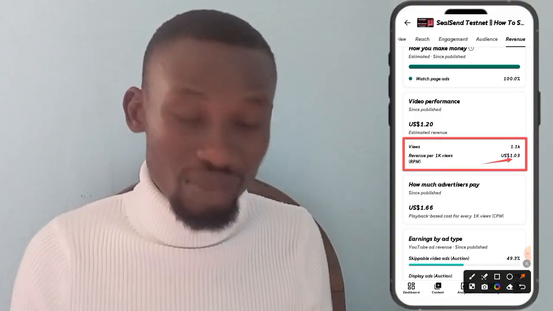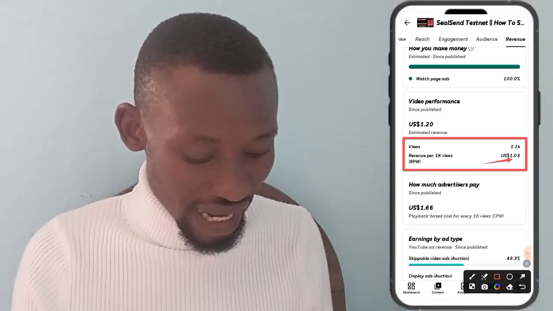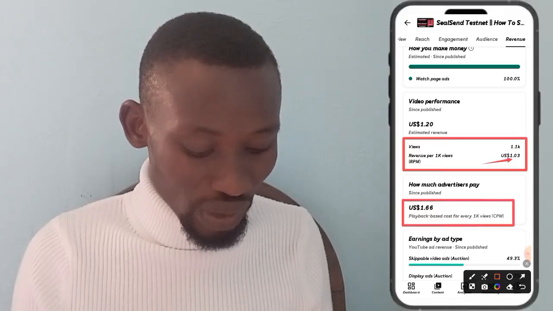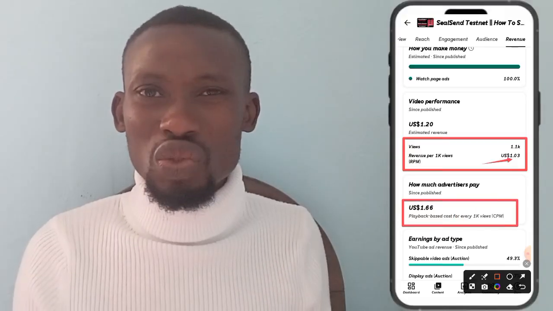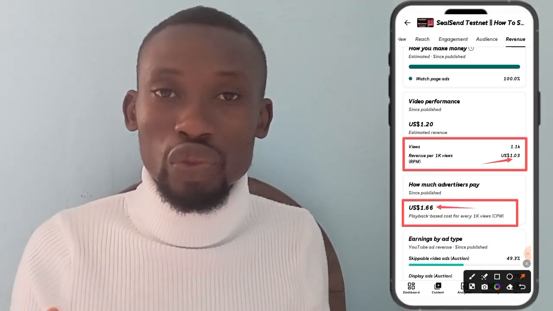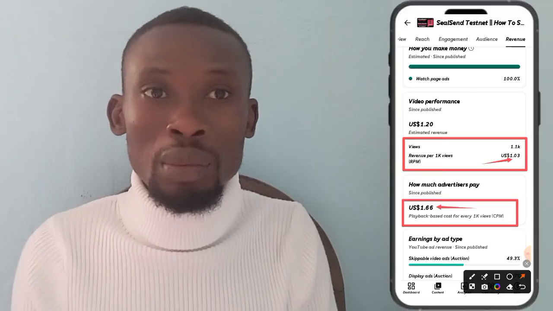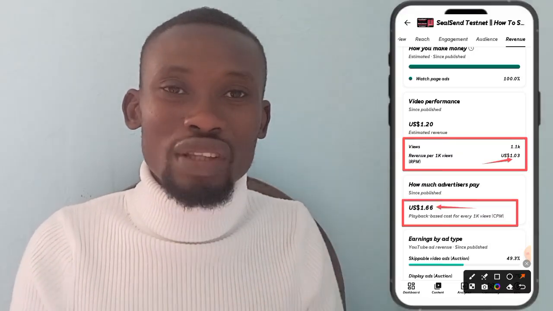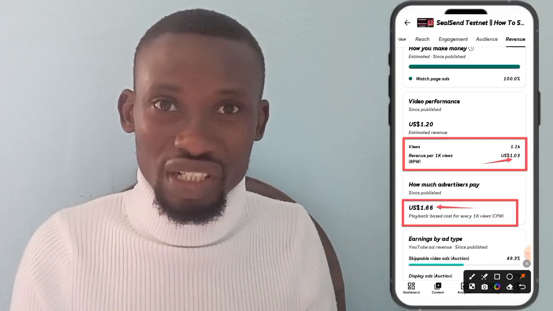And then the CPM, which is cost per mile, now is 1.66. So this is actually what advertisers are paying YouTube for every 1,000 impressions on this my video.